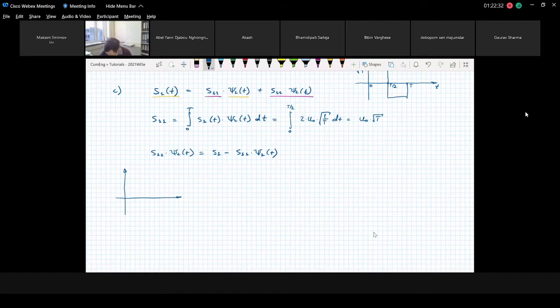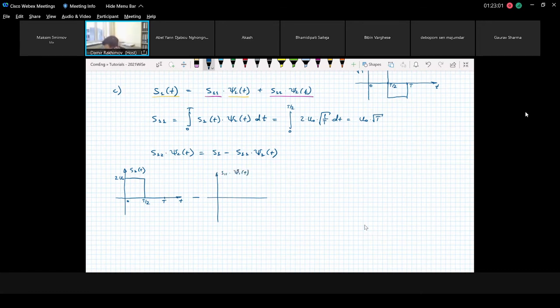So we have our signal S1 that goes from 0 to capital T over 2 with amplitude 2 times u0, minus the product of S11 and the first basis function.